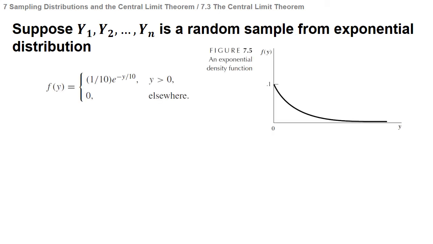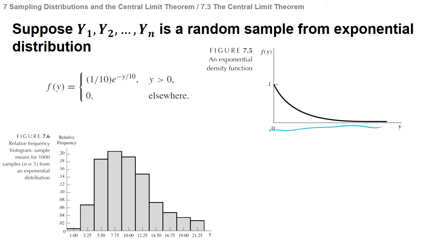Let's take an example to understand the central limit theorem. Suppose that y1 to yn is a random sample from an exponential distribution. So your sample yi is sampled from the exponential distribution, and you take 5 samples from it and calculate y bar from those 5 samples, and look at the distribution of y bar 1000 times.